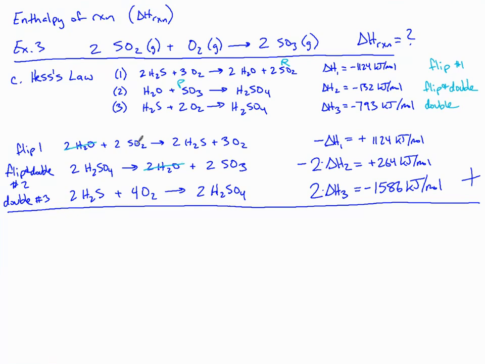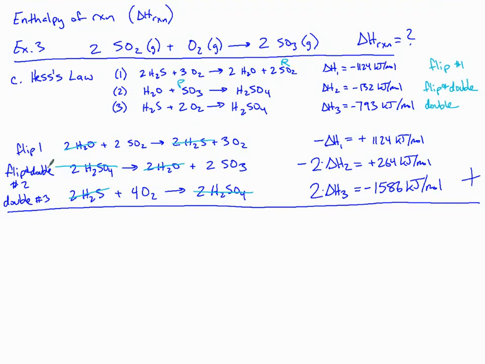2SO2, that's good, I want that to be there. 2H2S, so that's a product here. It also shows up in reaction 3, 2H2S, 2H2S, cancel. What else do we have? We have 2H2SO4, 2H2SO4, cancel.